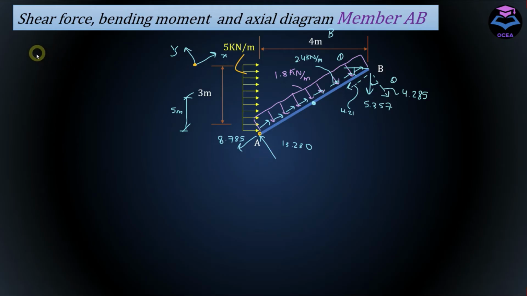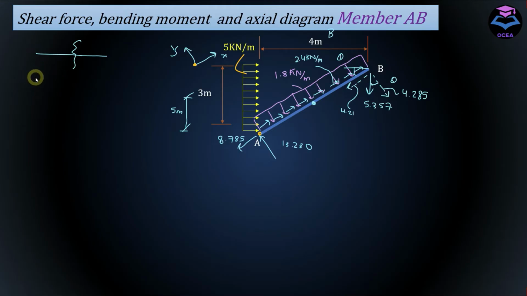So let's say we have a member which is part of the structure, and we will be using method of section, that is we will cut different sections along the length of the member to write shear force, bending moment and axial equations.